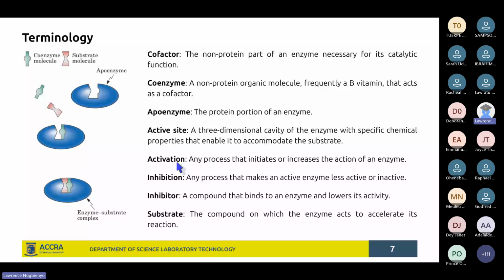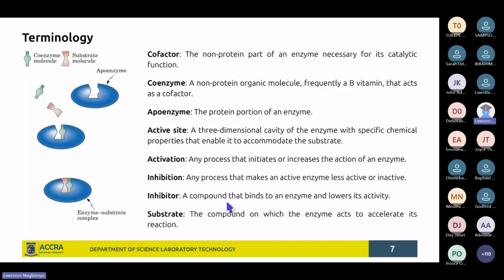And the opposite of that is inhibition. If the activity of an enzyme is slowed down, or the enzyme is made inactive altogether, so that it does not act at all, that process is an inhibition of the enzyme. And whichever substance is causing that is referred to as an inhibitor. Any compound that binds to the enzyme, either lowers its activity or completely makes the enzyme inactive.